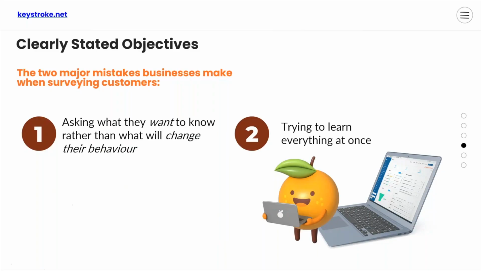A survey without a pre-committed action plan is just noise and will drift without a clear scope. And then having one survey with one core objective as opposed to trying to learn everything at once.